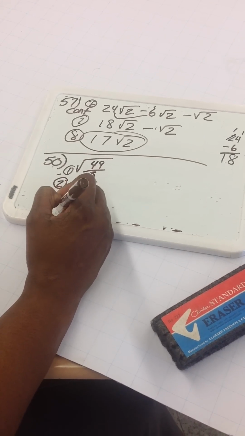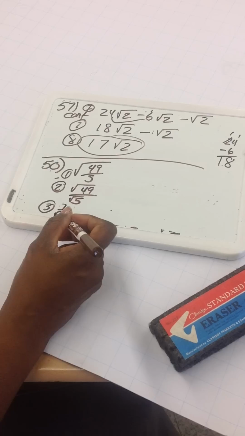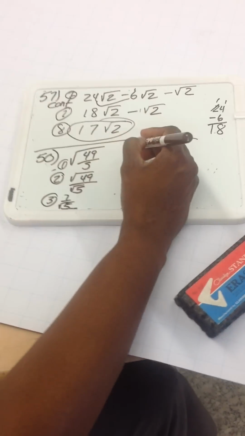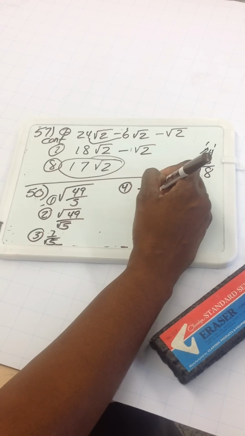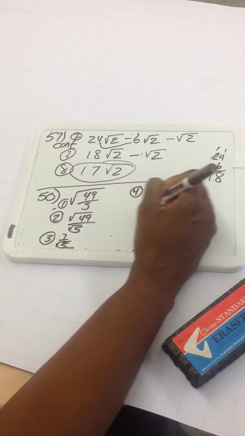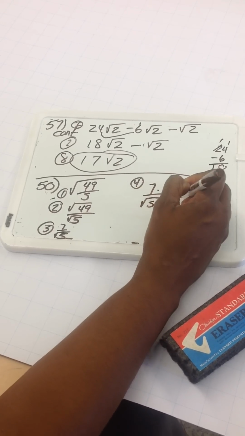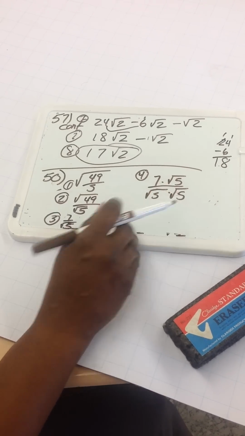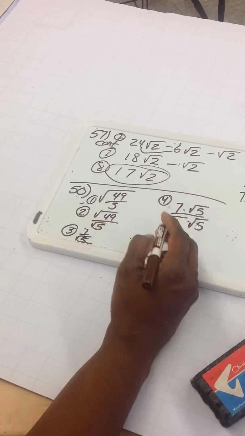7 over the square root of 5. Okay? But we take this square root of 5, and we multiply both top and bottom. So at step 4, we'll have 7 times the square root of 5 over the square root of 5 times the square root of 5. Notice I put it both at the top and the bottom. Okay? So when we do that, we'll multiply the numbers at the denominator.